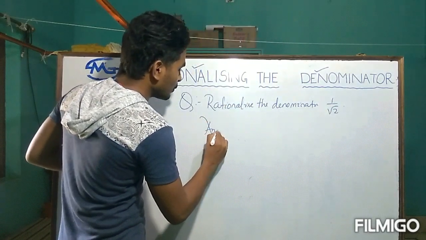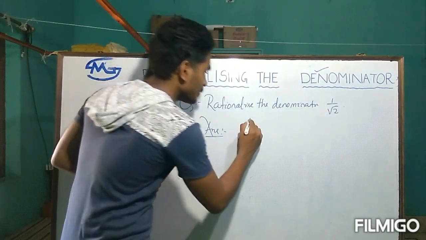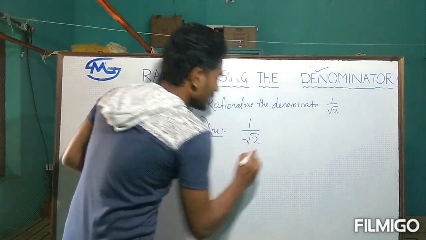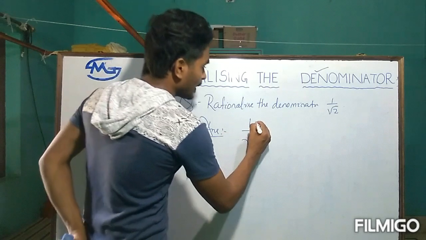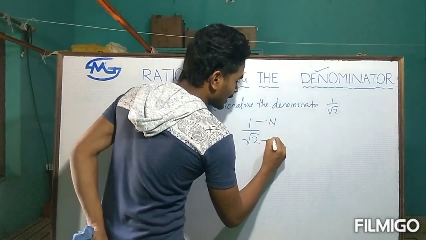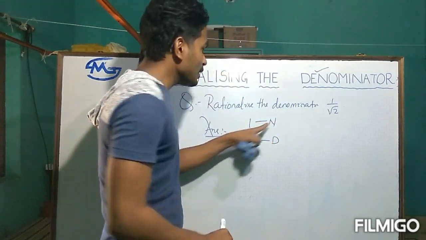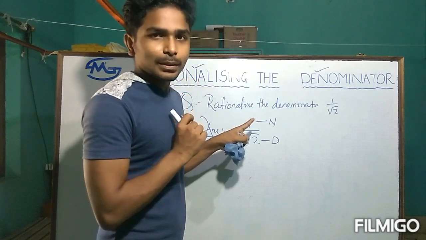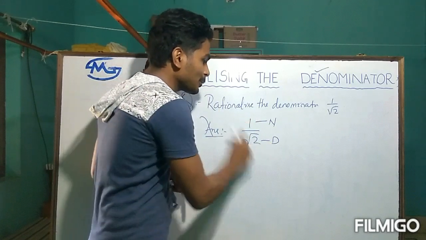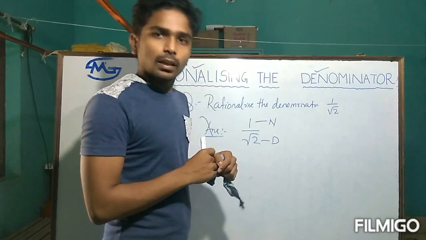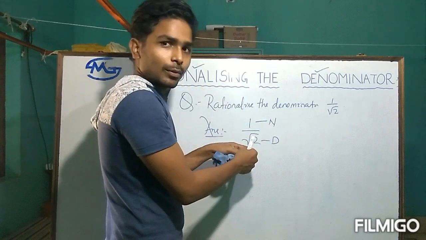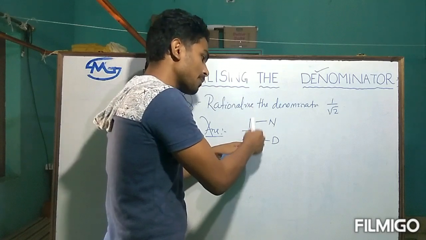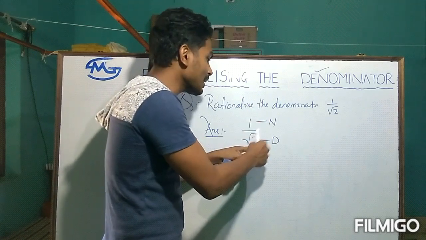Before rationalizing we first see that it is a fraction whose numerator is 1 and whose denominator is root 2. The numerator 1 is a rational number, but the denominator root 2 is an irrational number, and our idea is to make it rational. Since it is irrational, we have to make the denominator rational.